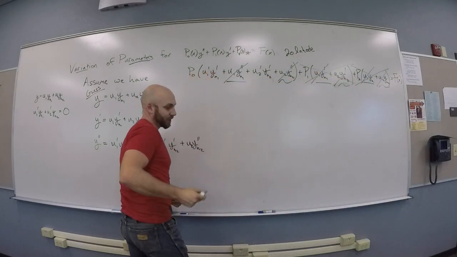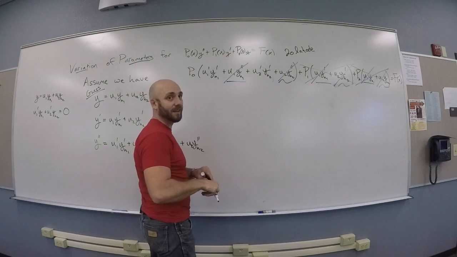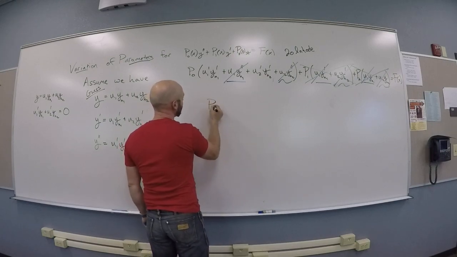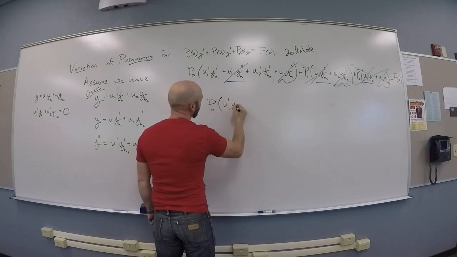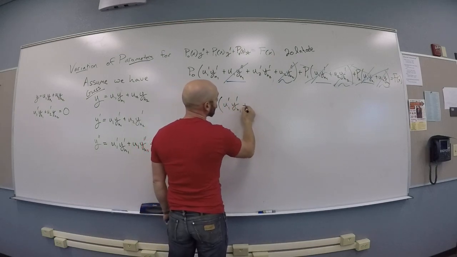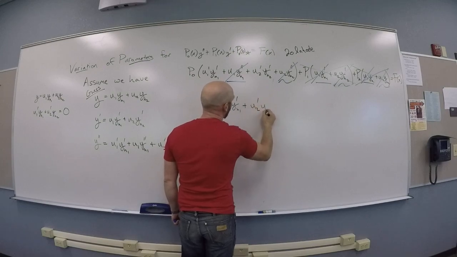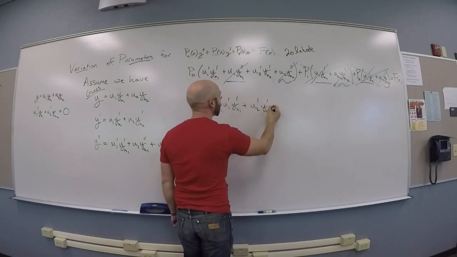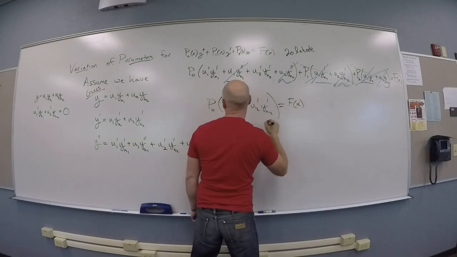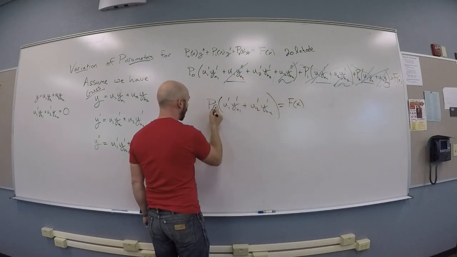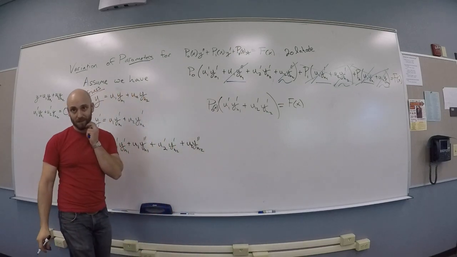So what you're left with in the end is P0 times U1 prime YH1 prime plus U2 prime YH2 prime equals f of x. And really that's P naught of x.